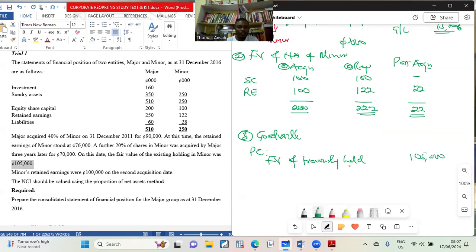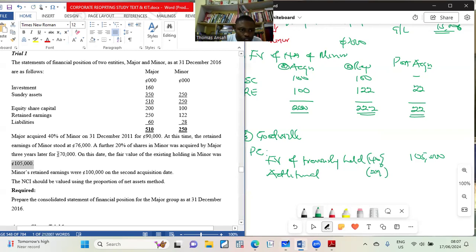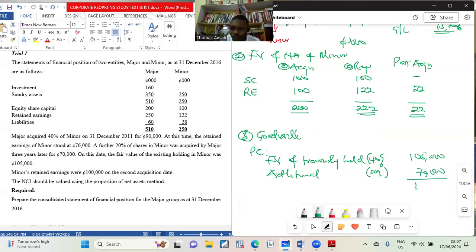That is what we have. Then what else? The additional. Don't forget, this one was a 40%. Then the additional 20 that they bought, how much did they pay? They bought it for 70,000, right? All right, so 70,000. That makes our purchase consideration 175,000.